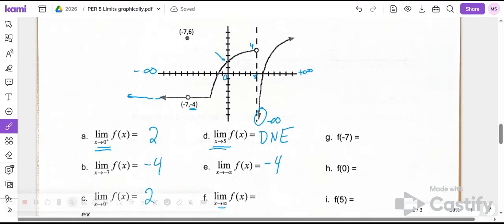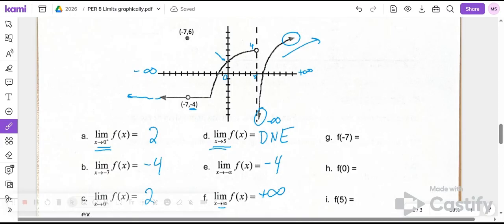Look at the arrow. Which way is it heading? Up. So up would be infinity.